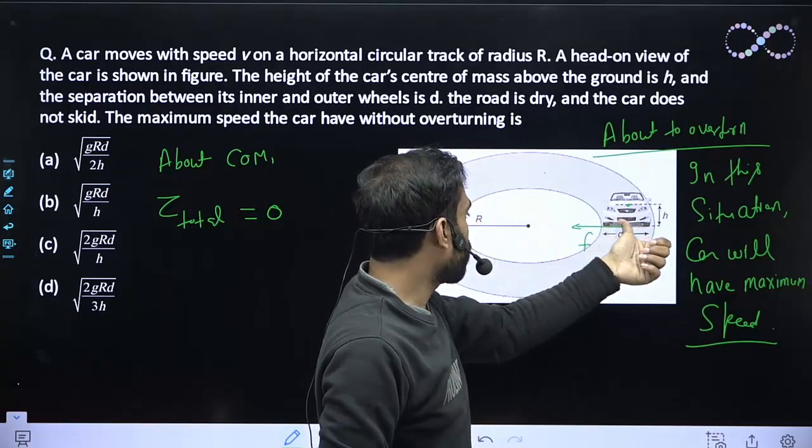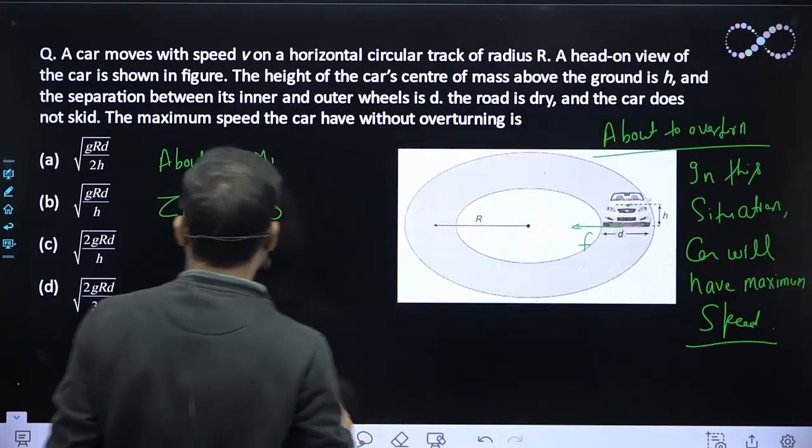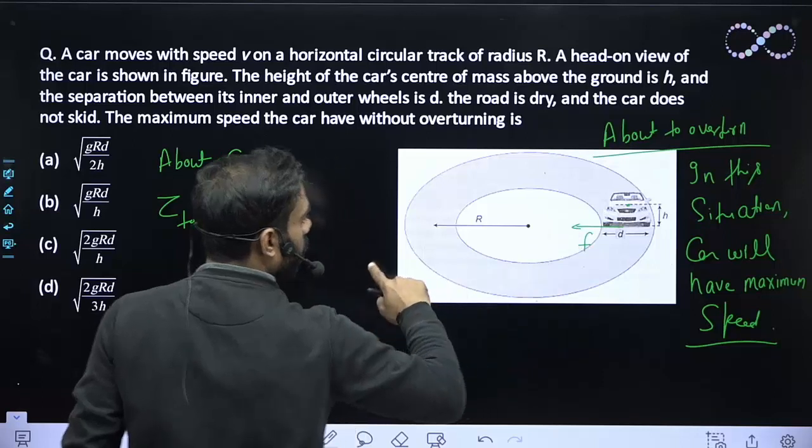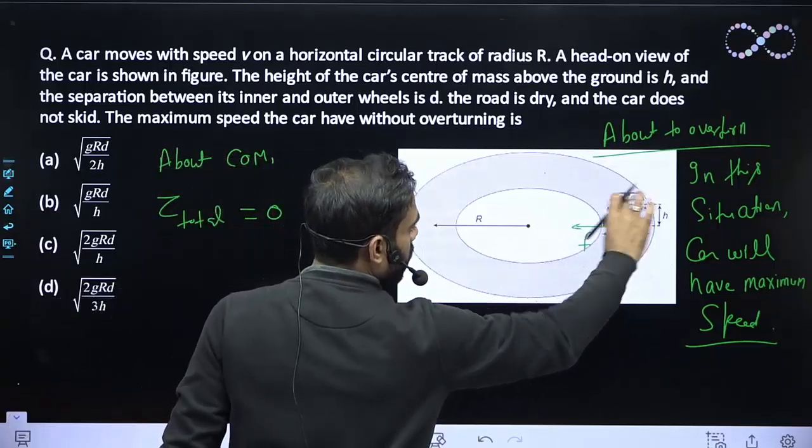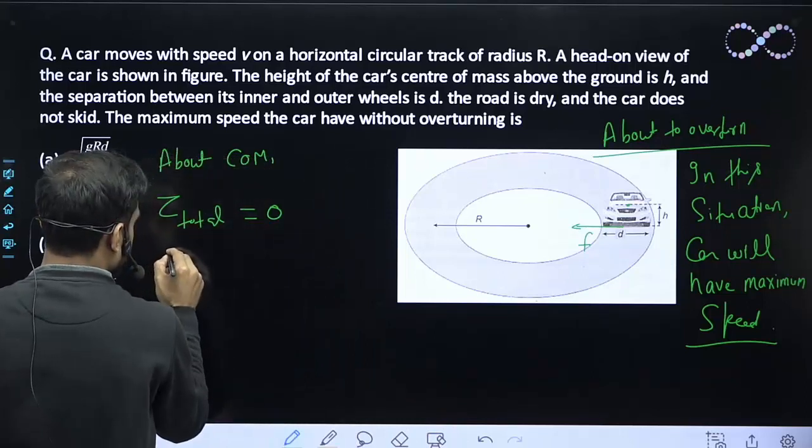You will get the torque due to the friction and the normal. Due to the friction, the torque is F into h, because the center of mass height is h.